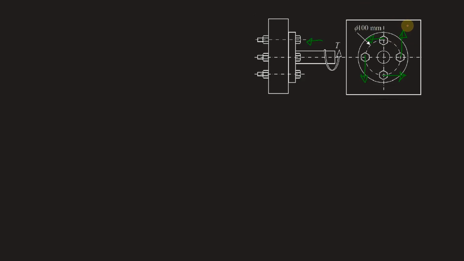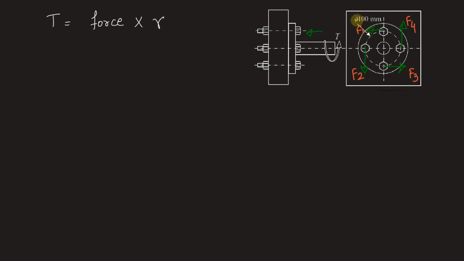Let all the forces be F1, F2, F3 and F4. Torque in general is given as force into radial distance, that is R. Now the diameter of this circle, the dotted circle, is given to be 100 mm.